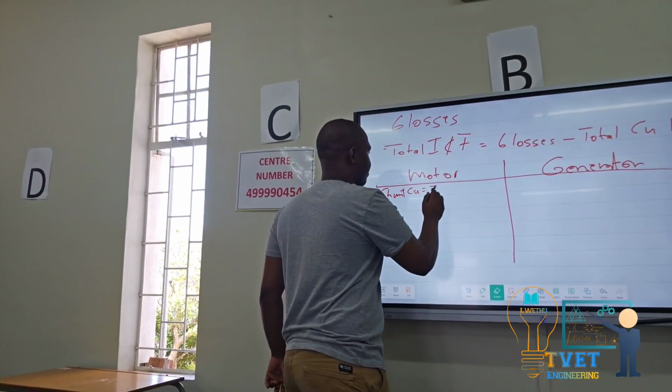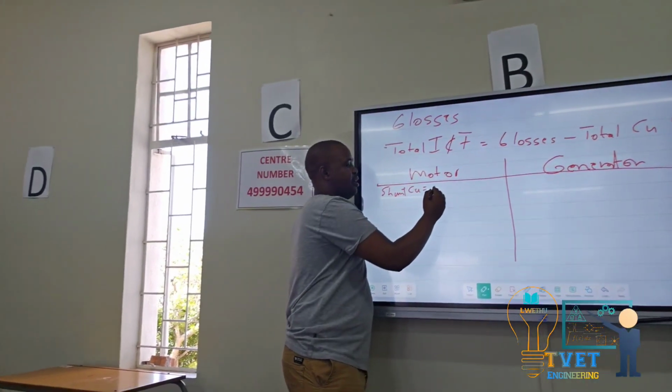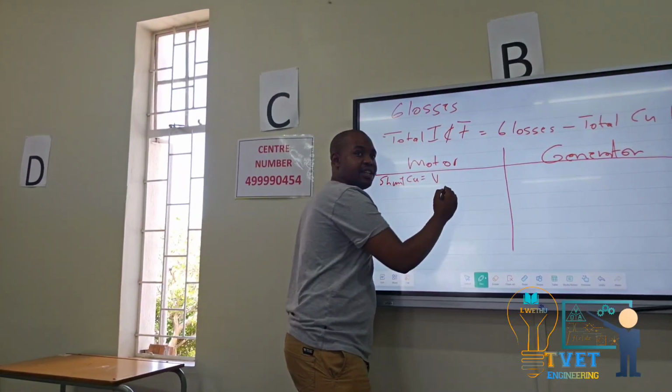An alternative formula is to say V times what?